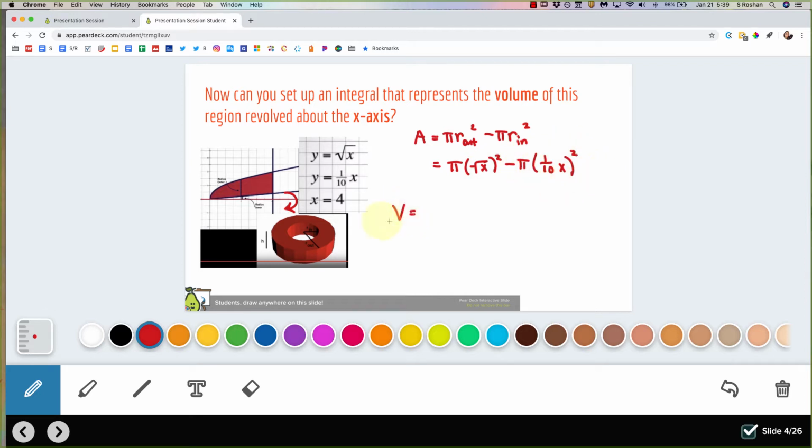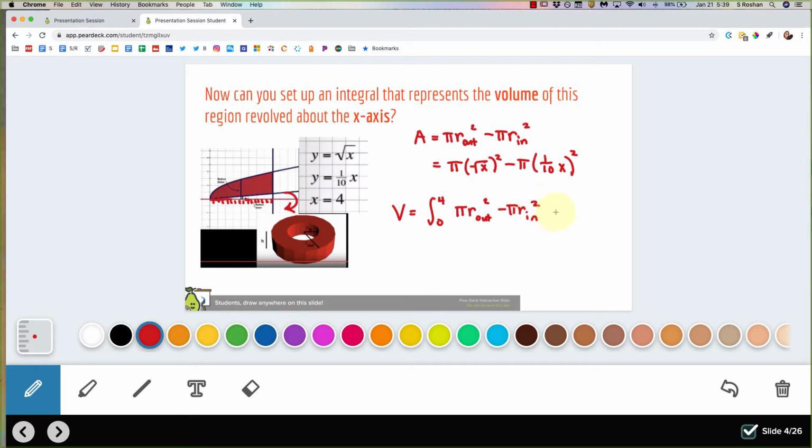Our volume, remember, is just adding up all those slices. So you're adding up all those slices, and remember that we're going perpendicular to the axis we're rotating about. We're going from 0 to 4 because that was our bound. So we're going from 0 to 4, pi radius outer squared minus pi radius inner squared.